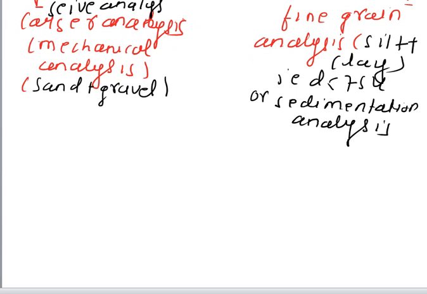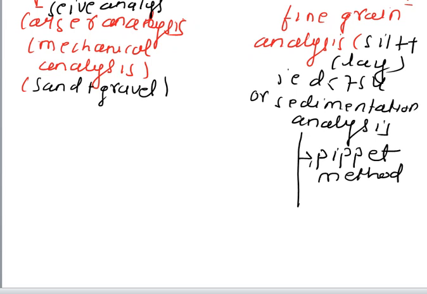Now this sedimentation analysis is grouped under two categories. There are basically two methods by which we perform sedimentation analysis. First is the pipette method. Second is the hydrometer method. Okay, we will study this in very detail.